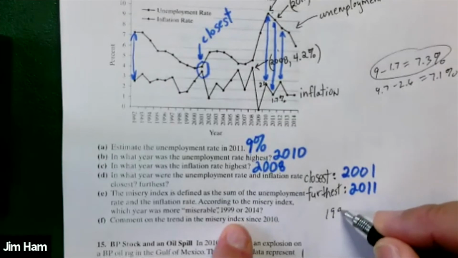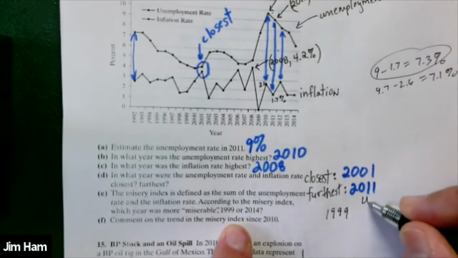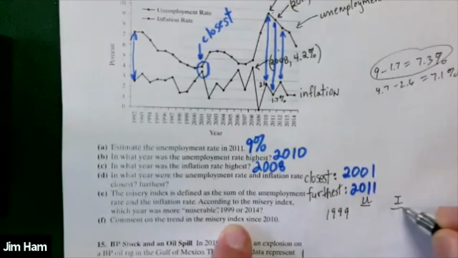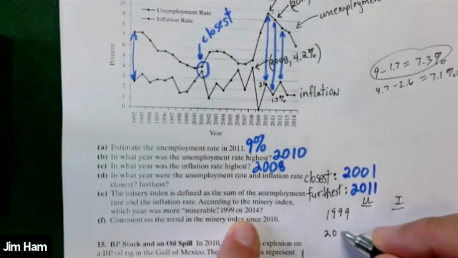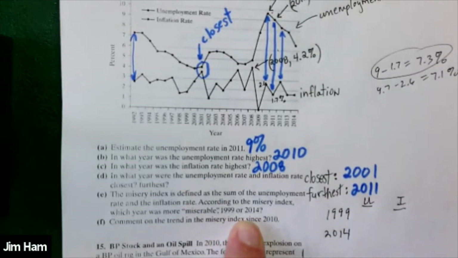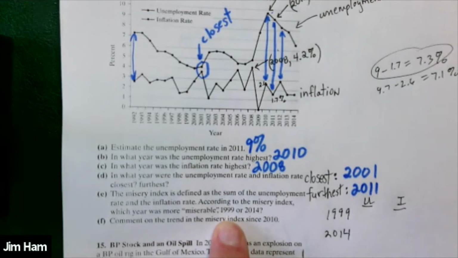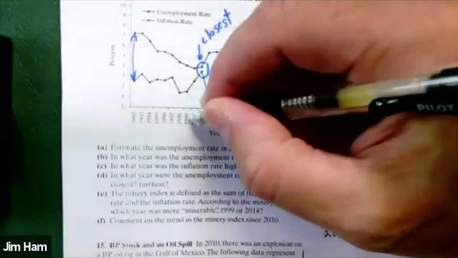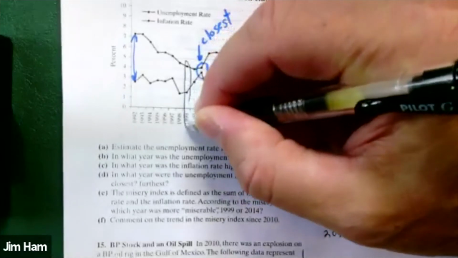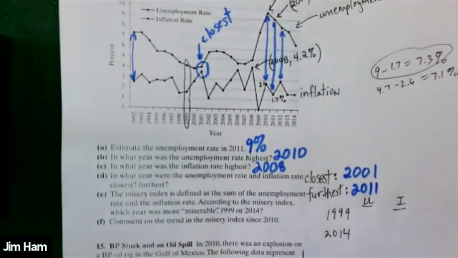So for 1999, we have the unemployment rate and the inflation rate. And then in 2014, let's do the same. This involves interpreting a couple of the points. Let's go over to 1999. We're looking at those two numbers.